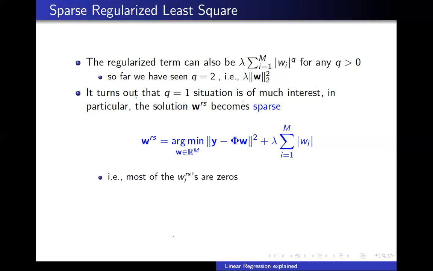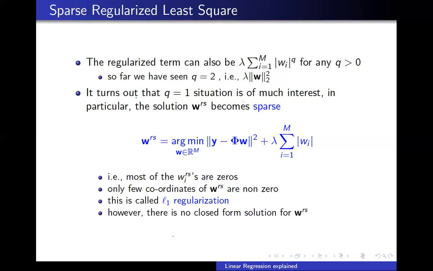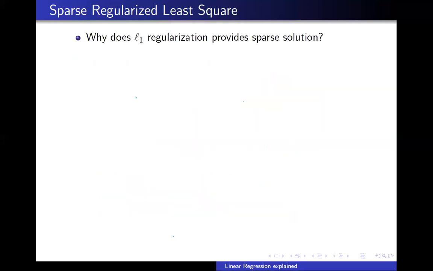So most coordinates of W are zeros, and only a few are non-zero. This is typically known as L1 regularization. However, there is no closed form solution for this.